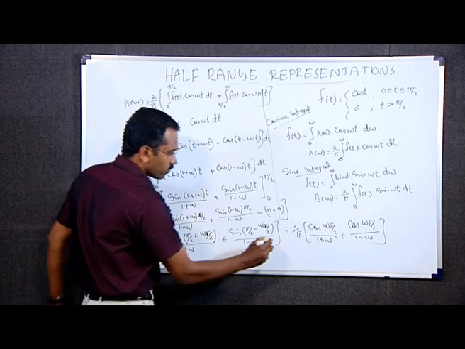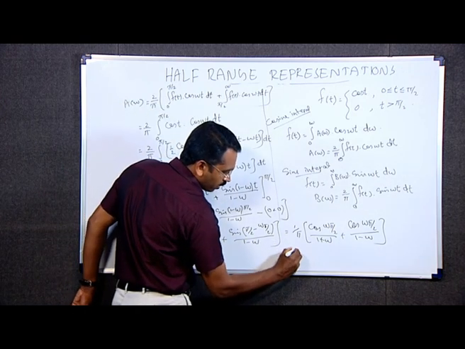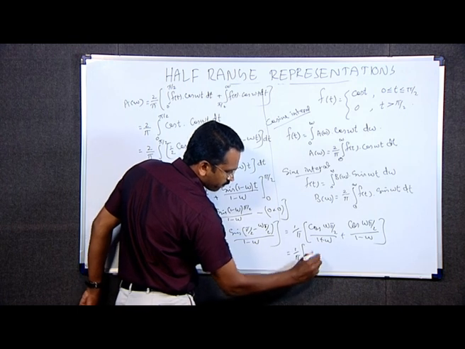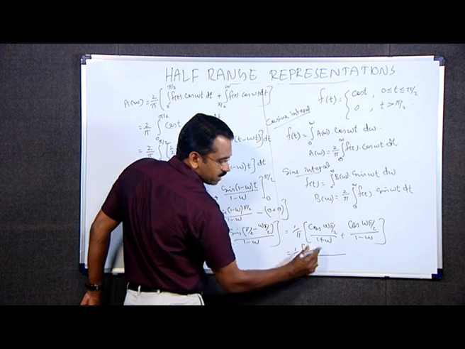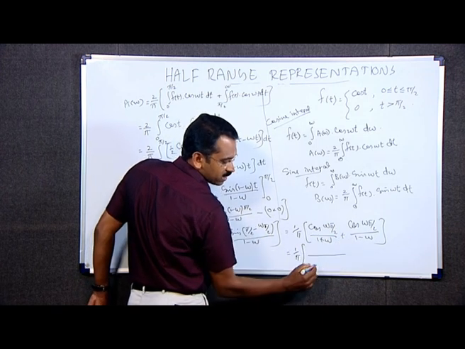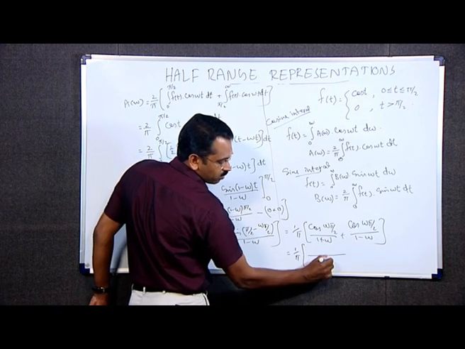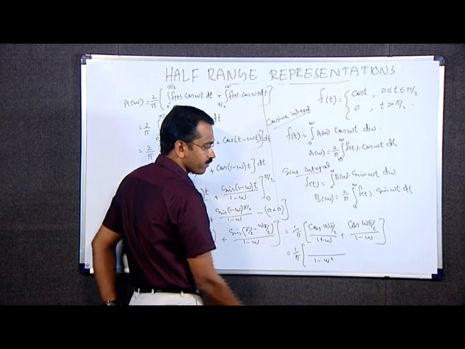That is equal to 1 by pi into, in the denominator we can write 1 plus omega into 1 minus omega, that means 1 minus omega square.